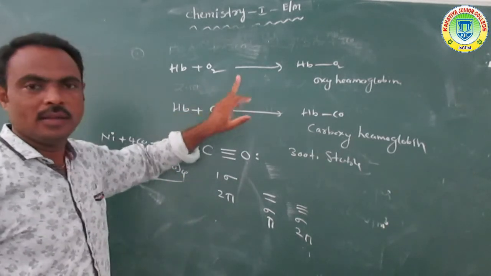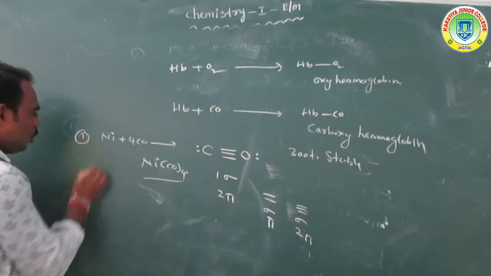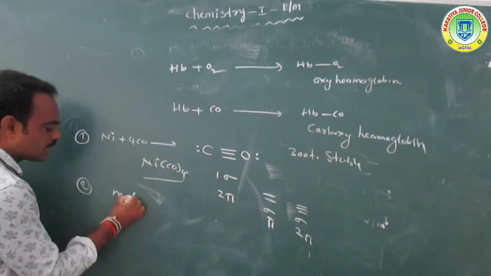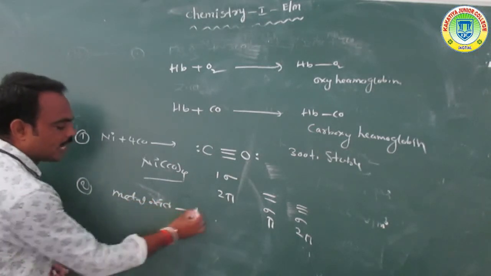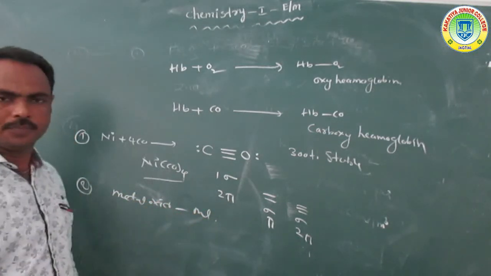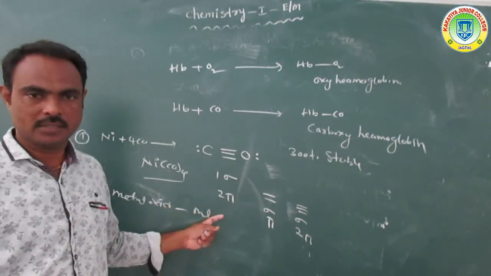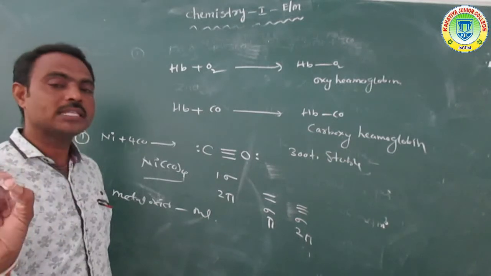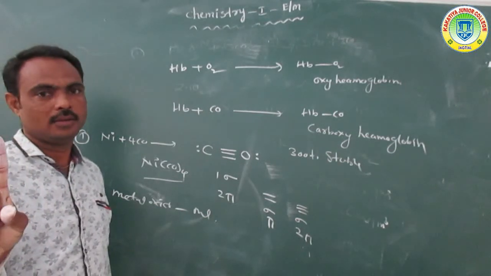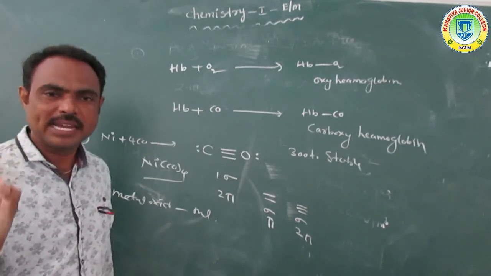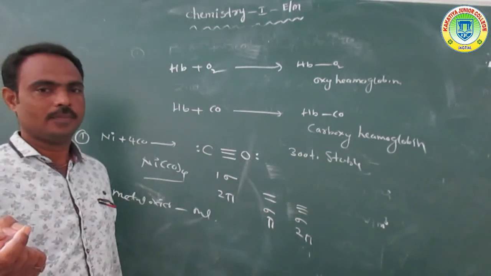And the second use: metal oxides are converted to metals. Already you know that. For example, zinc oxide is converted to zinc, and iron trioxide is converted to iron.